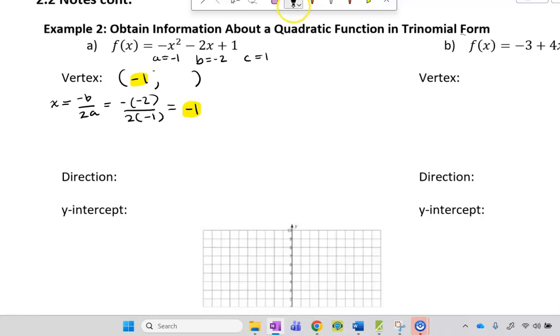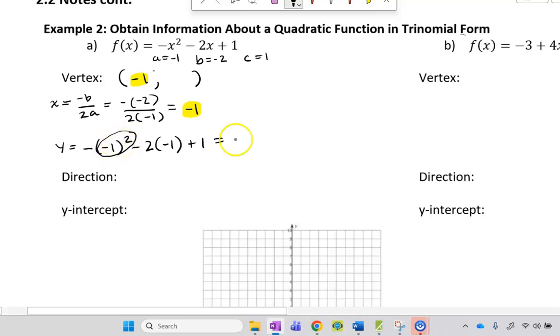Well, now I need to figure out what the y value is, and you're going to get that by plugging in -1. So we have to plug -1 into the original equation. When I plug in a -1, I have to be so careful with my negative signs. First of all, you can't cancel these two negatives out because one of them is already being squared.